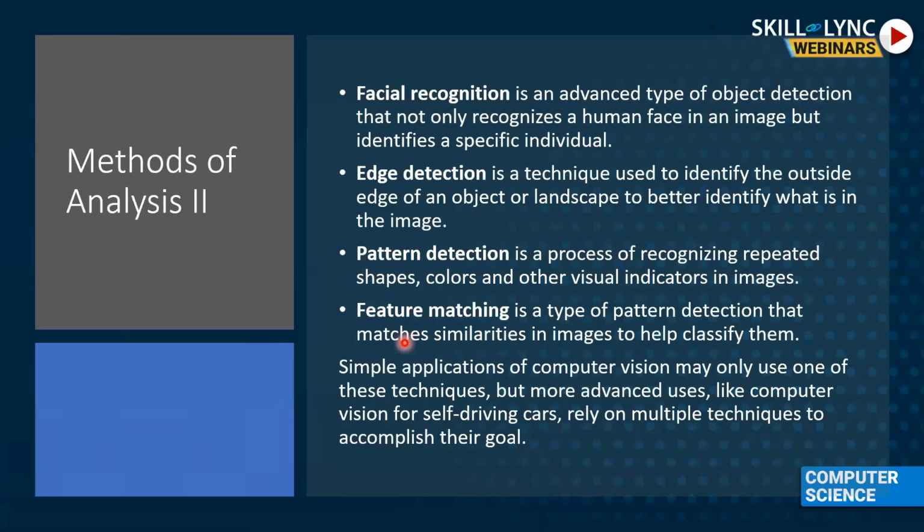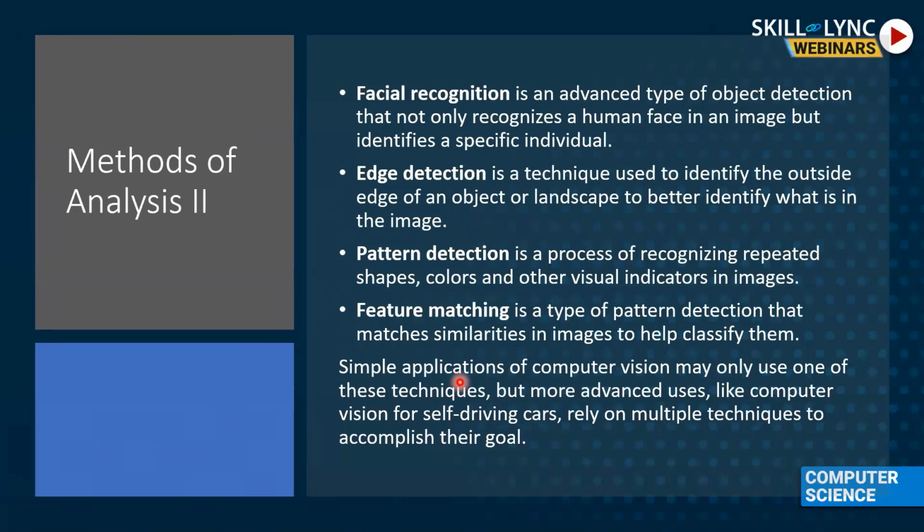We can use feature matching. It is actually pattern detection, but what it does is it divides images into features, and then we match the similarities within a feature, within an image. And then we can use it to classify some images, or this can also be used to minimize the noise, or denoising an image.